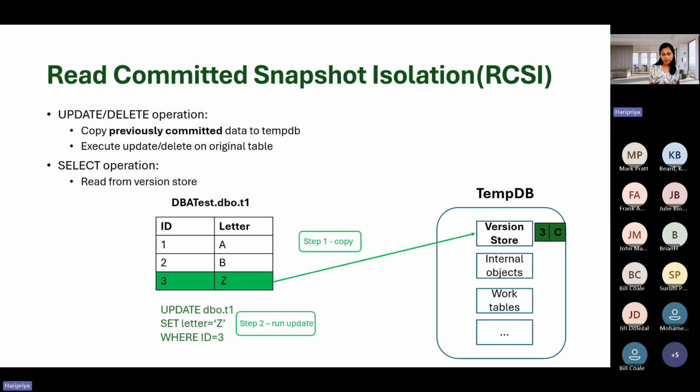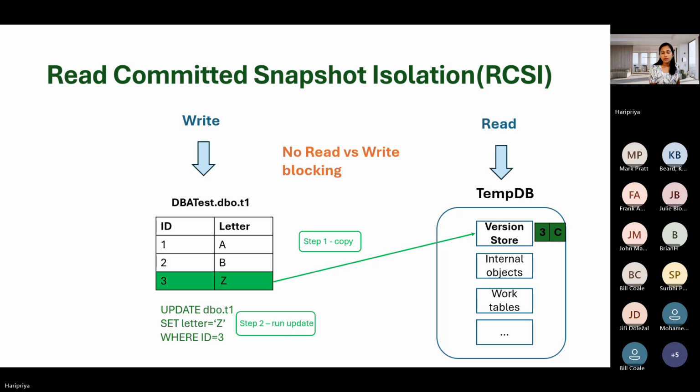Now what happens is write will always go to the table, the original table in the database. Read will go to the version store. Now there is no read versus write blocking. So this is how RCSI works. If you go back to the default isolation level, there is no copying step here.